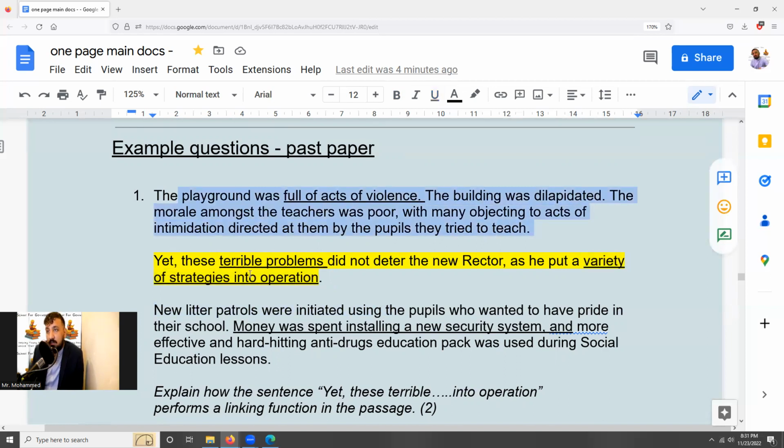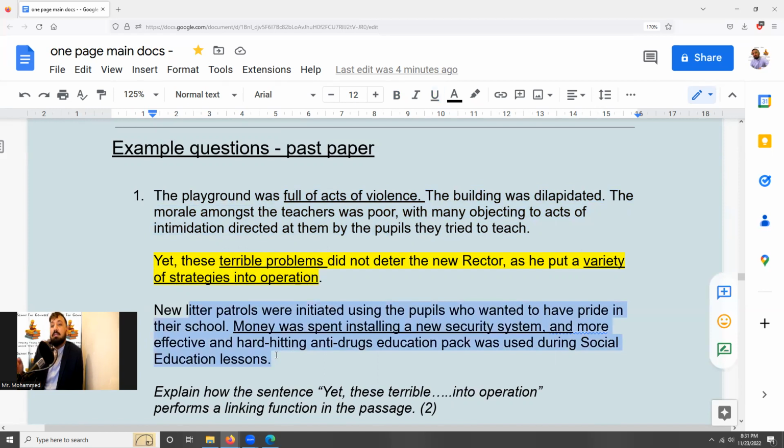So this question is all about a school that was having problems, and then a new head teacher came in and he decided to try and fix the problems. So "terrible problems" connects back to the part that talks about issues they were having. Makes sense? And then "strategies into operation" connects forward to the different things that the new head teacher tried to do to fix these issues.